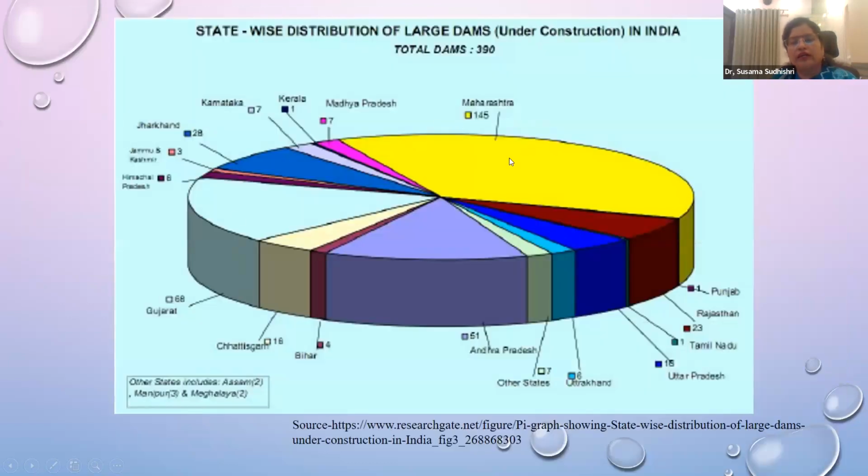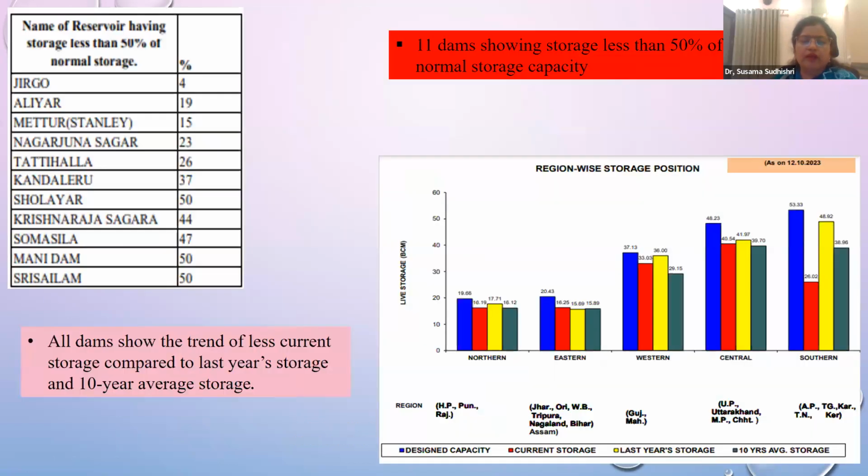And these are the large dams under construction in India. Most large dams are under construction in Maharashtra, followed by other states, that is Andhra Pradesh, and you can see here the other states. But the most important is, 11 dams are showing storage less than 50%.